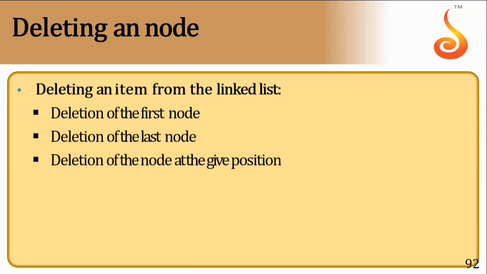Getting it? The node to which head is pointing is my first node, and the link part of the last node would be pointing to null. So this is how I know which is the beginning of my list and where the list ends in case of a singly linked list. And each node will have the information about its next immediate node. It will not have any information about the previous node, because there is only one link part, one pointer, which points to the next node.